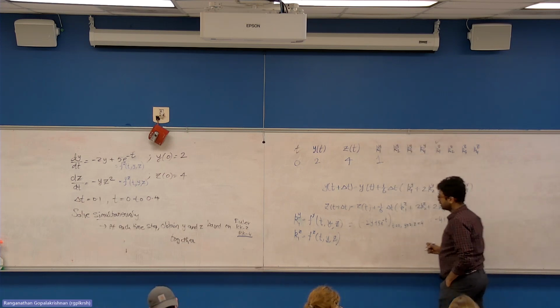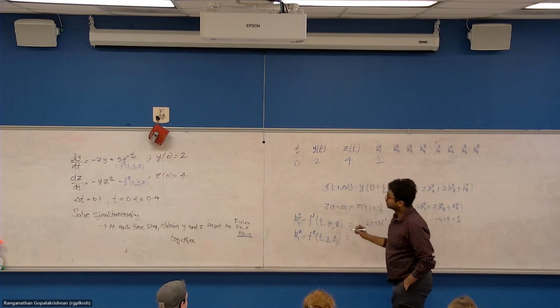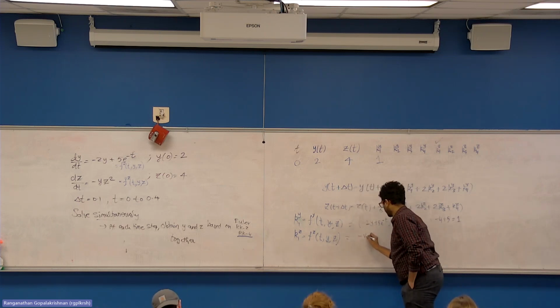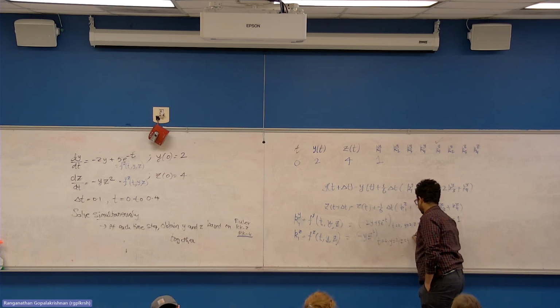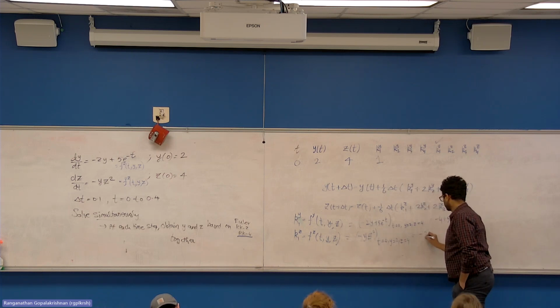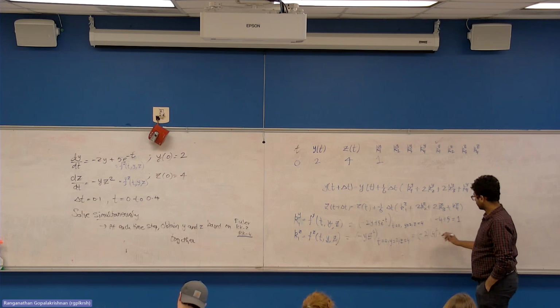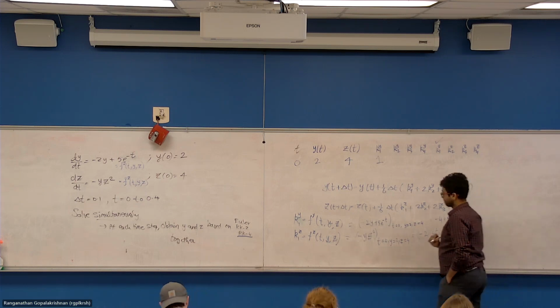What is K1Z? K1Z is the function minus y times z squared evaluated at time 0, y equal to 2, z equal to 4, which is like saying minus 2 times 4 squared, or this is 16 times 2, minus 32.